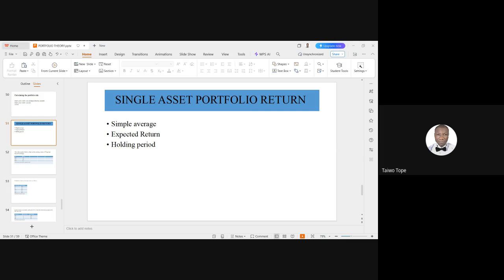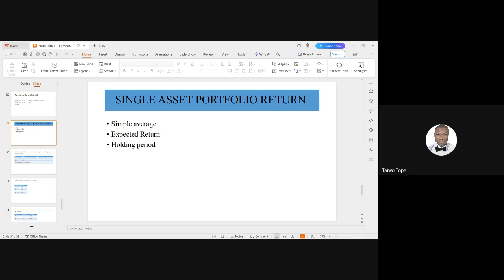So when we talk about portfolio return, it is simply the total return earned from a combination of investments, that is assets, taking into account how much you invested in each one. The basic concept is that instead of looking at one asset, a portfolio combines several assets, e.g. shares in companies, and so on.